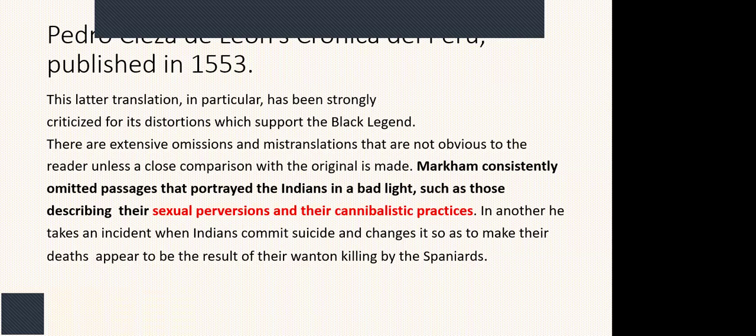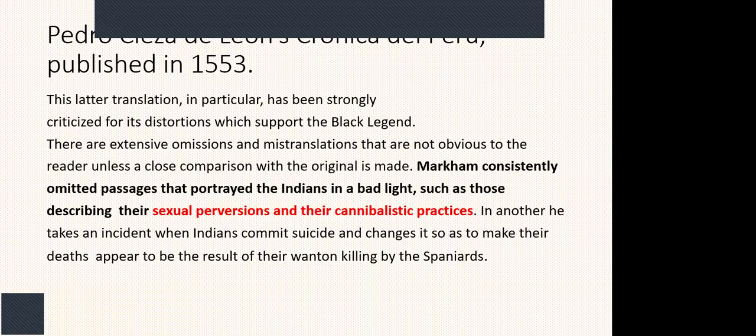He consistently omitted passages that portray the Indians in a bad light, such as describing their sexual perversions and their cannibalistic practices. This is also true, and part of why only military or ex-military could deal with what was happening in the Americas back then is because of the Indians' behavior, which was also pretty wild.